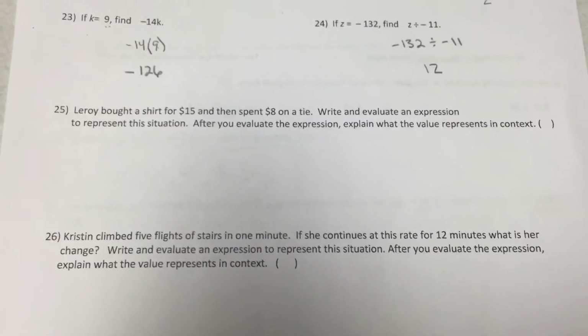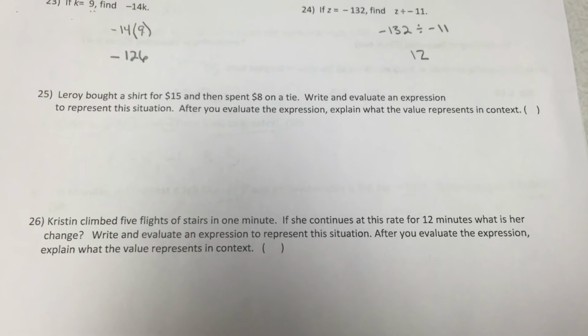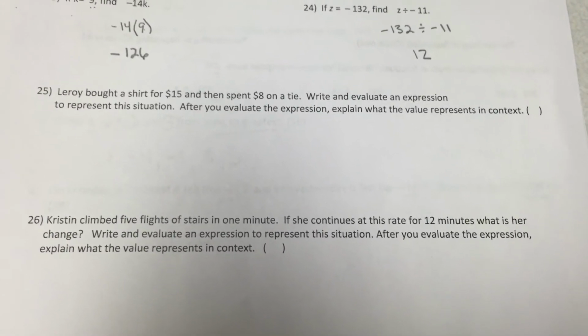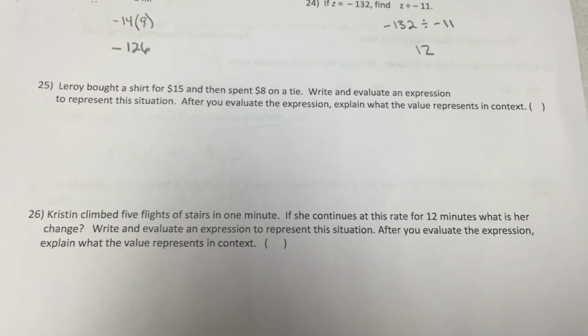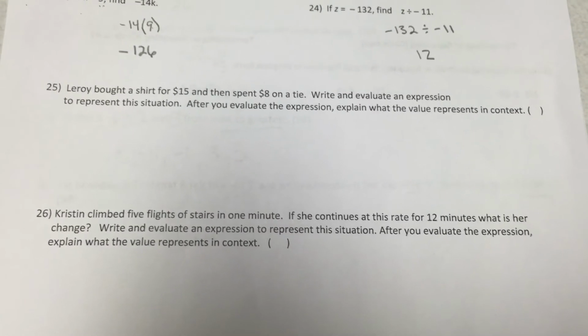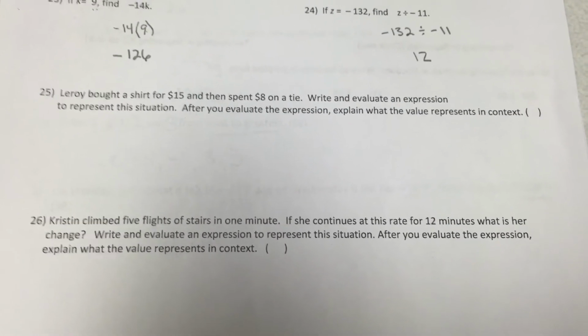The next two problems. Leroy bought a shirt for $15 and spent $8 on a tie. Write and evaluate an expression to represent the situation. After you evaluate the expression, explain what the value represents in context.